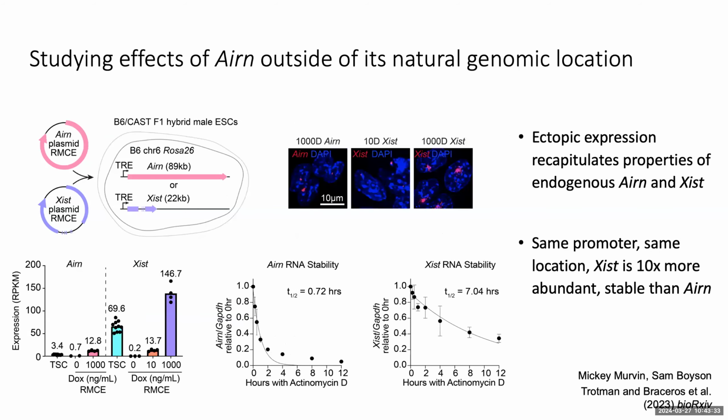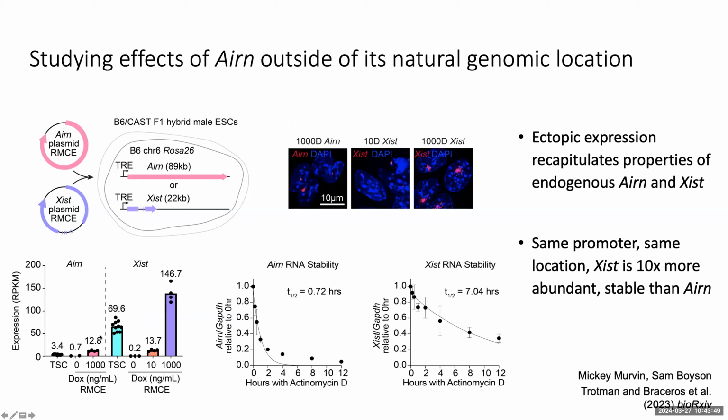And so now I'd like to show you some of our characterization of these new cell lines. So what we find is that when we express Air from the ROSA26 locus, a lot of its endogenous properties are retained.